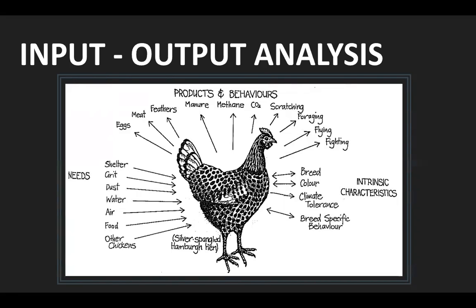And so we go through this input-output analysis with the chicken, and now we have ample information about the chicken and what its yields and behaviors and characteristics are. And then we think about the other elements that are in the design. There's a handout in the share folder that lists possible different elements you might want to include when you're designing a site. And so you decide which elements will be included or which elements you already have. And then you do this analysis for each of the elements, noting the overlaps.